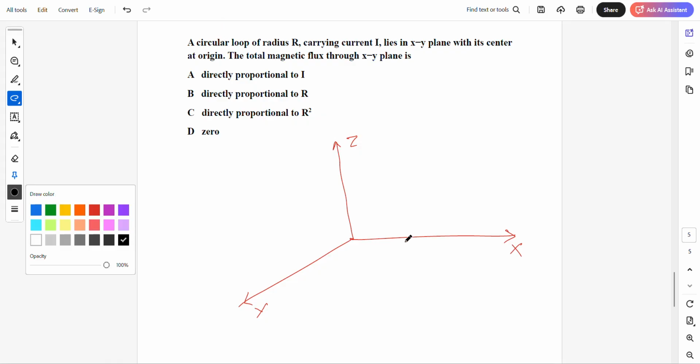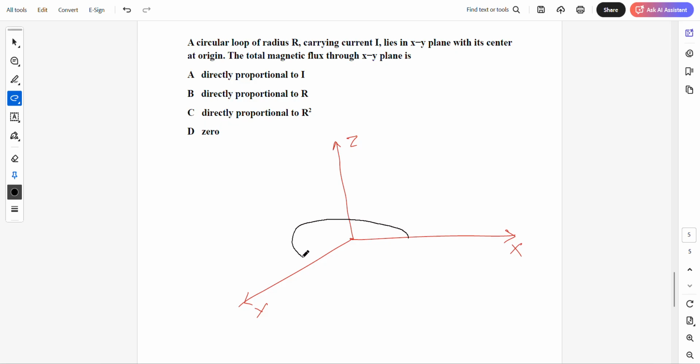If it is a circular loop, I am taking a circle of radius r, I will try to draw it like this. Radius r.